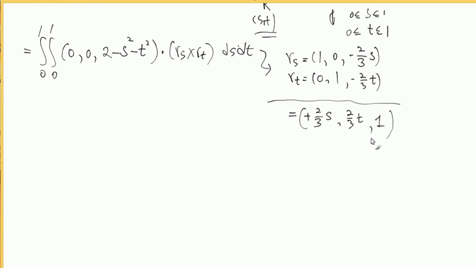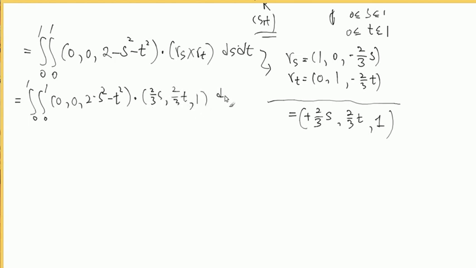That's the cross product of these two sides of the parallelogram. Now we're going inside there. 0, 0, 2 minus s squared, t squared. It's a rather boring answer. The ds dt, right? So if you dot it, nothing else is there, and you get 2 minus s squared, t squared times 1 and ds dt.